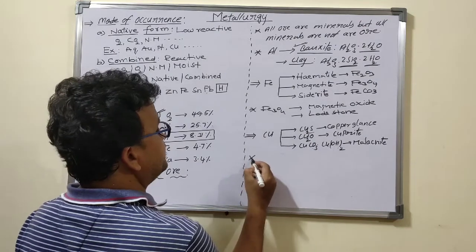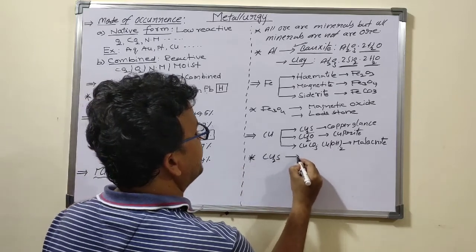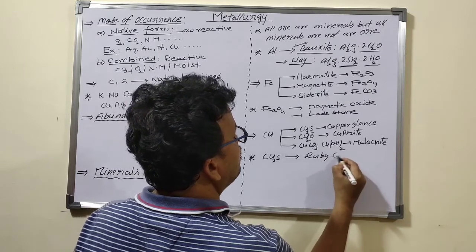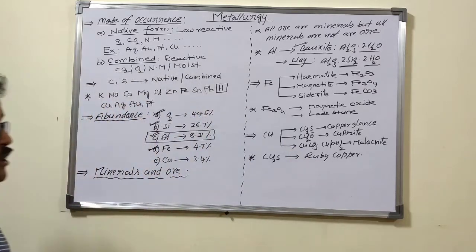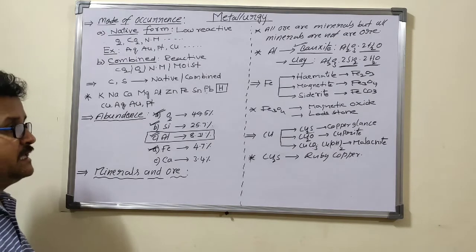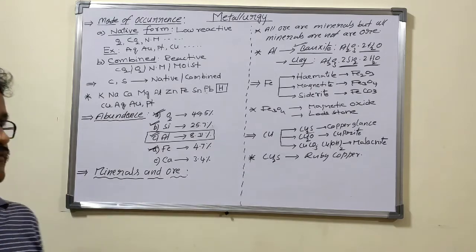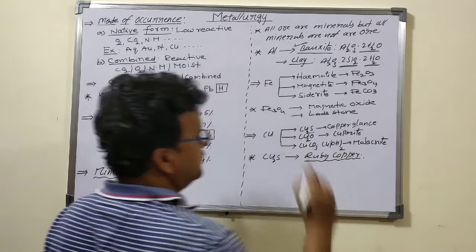One important thing to remember here is Cu2S, that is copper glance, is known as ruby copper also. Which copper mineral is well known as ruby copper? Copper sulfide. This we have to remember for competitive concept.